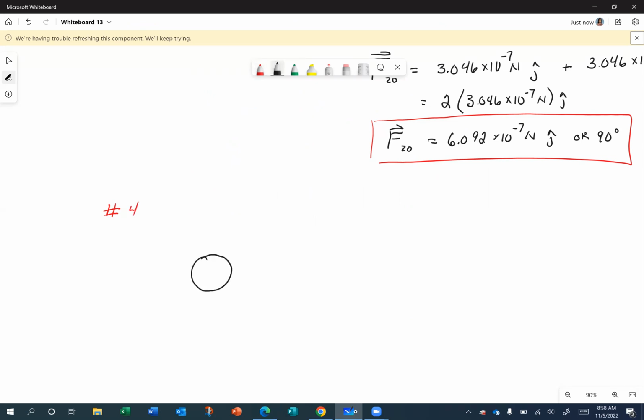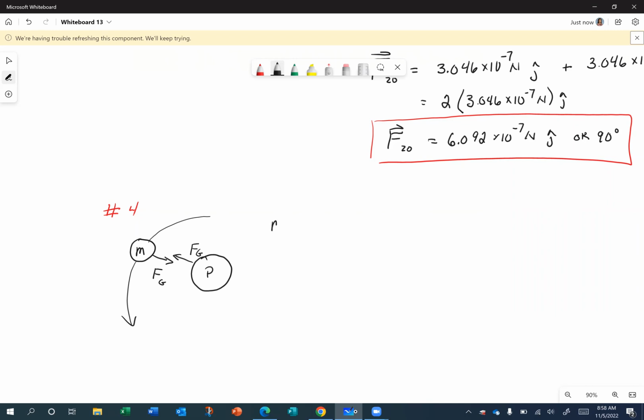Here's our planet, and here's our moon. Label them like that. And they're traveling around one another in an orbit. What you know is that there's a force effect on each of them. It is equal, simply opposite in direction.